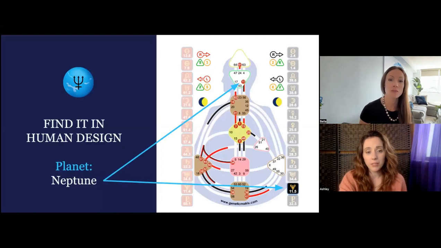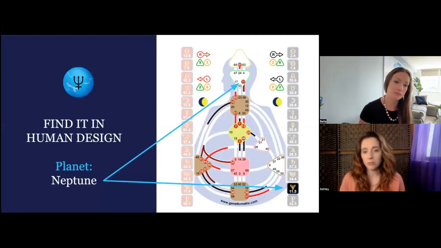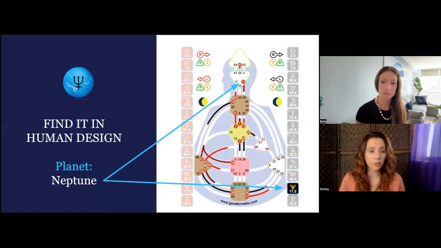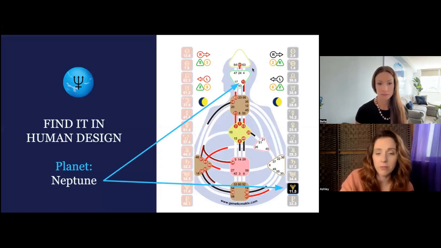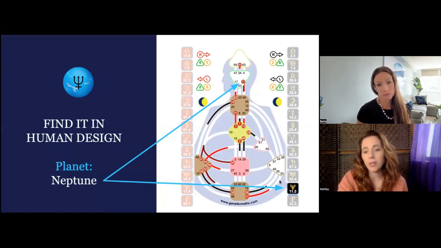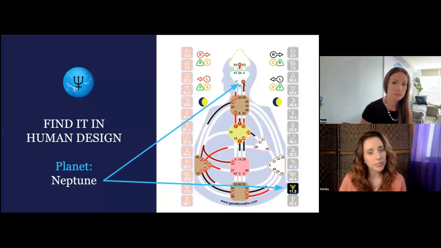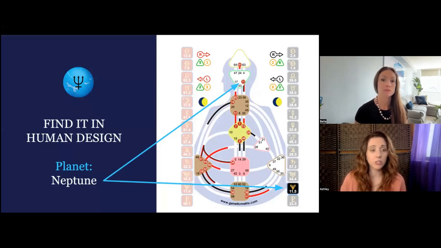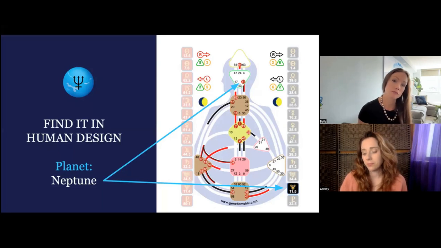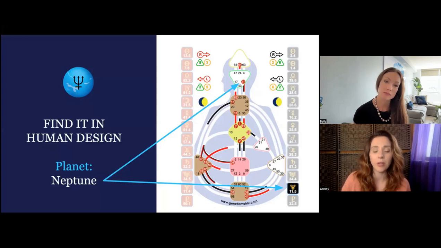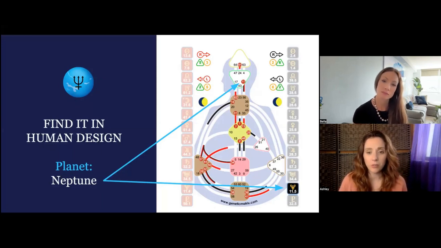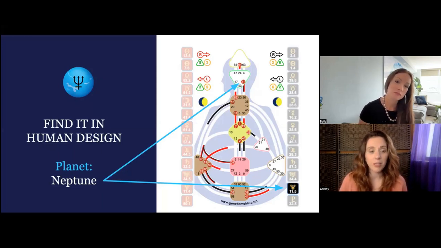Okay, please locate your Neptune. You probably already have. A lot of you already are really good at finding that. So it's located here in your chart, and you're going to want to also note what center it is in. Is it in a defined center? Do you have the complete channel? Those are some important data points for you to inquire around when you're doing your contemplation around Neptune, because it's going to impact the way that you experience this planetary activation.